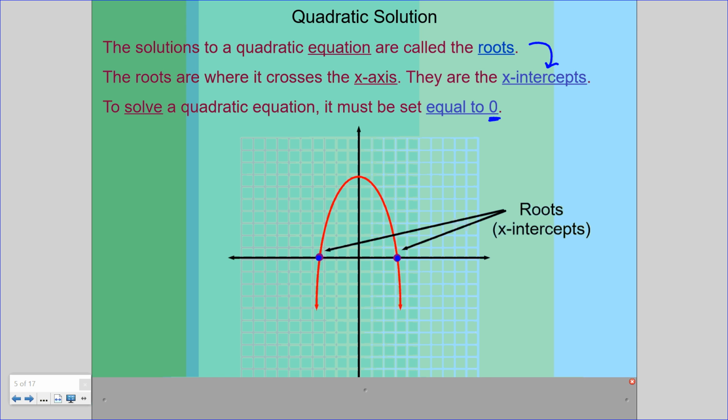They're also going to be really helpful for graphing, because if you find two roots, that's going to quickly tell you how wide the parabola will graph to be. And then you only need one other point, your vertex. So this will quickly diminish how many points you need to find to graph a quadratic equation.